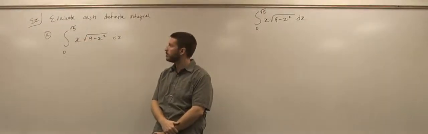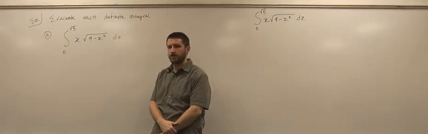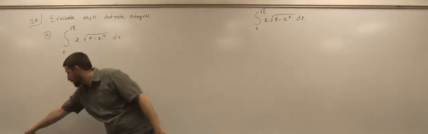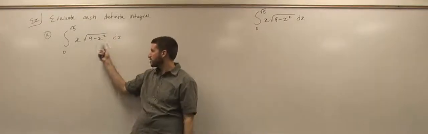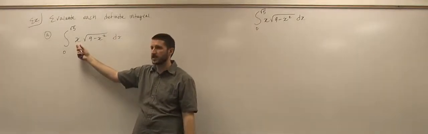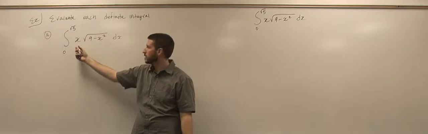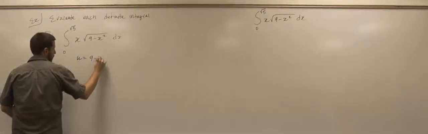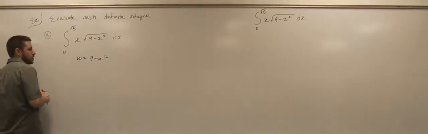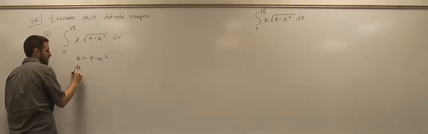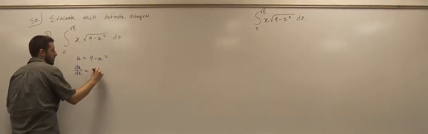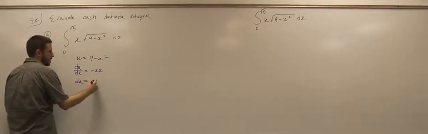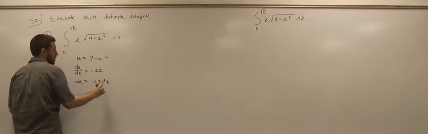U sub. What's my u? 9 minus x squared. Why? Because x is the derivative. Because if you do the derivative of 9 minus x squared, you get negative 2x, which is basically x. So the u here is going to be 9 minus x squared. So du dx is equal to negative 2x, or du is equal to negative 2x dx.